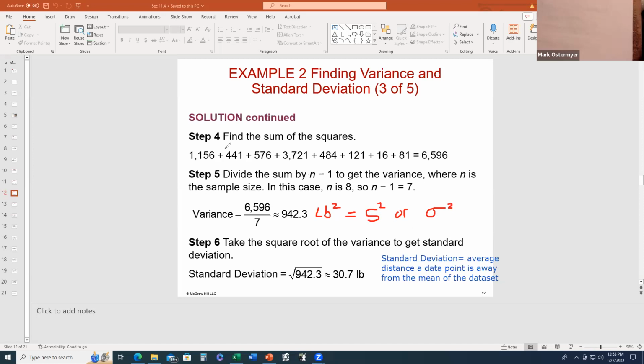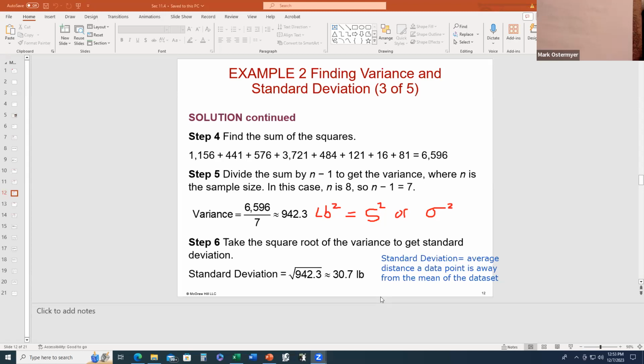So whether we call this a sample or a population will dictate what symbol we use to represent the variance. And when you take the square root of s squared or lowercase sigma squared, you're going to get the standard deviation.